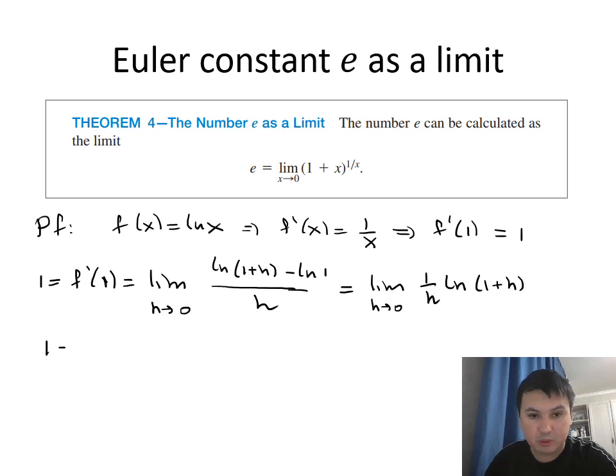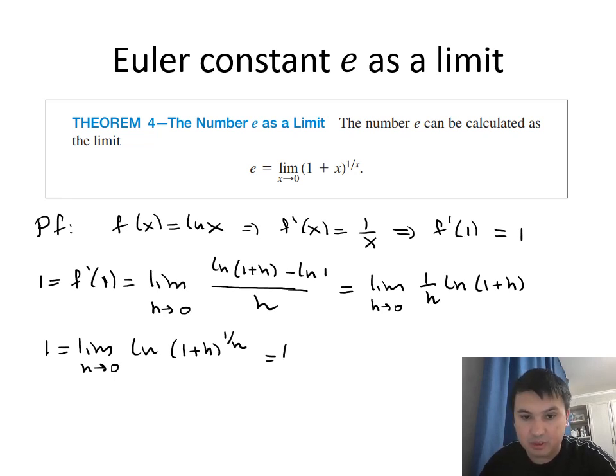So 1 is equal to the limit as h goes to 0 of ln of (1 plus h) to the power 1 over h. And then I can swap the limit and the ln because ln is a continuous function. So this is going to be ln of the limit as h goes to 0 of (1 plus h) to the 1 over h.